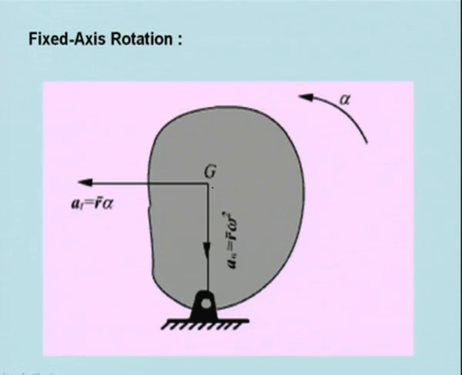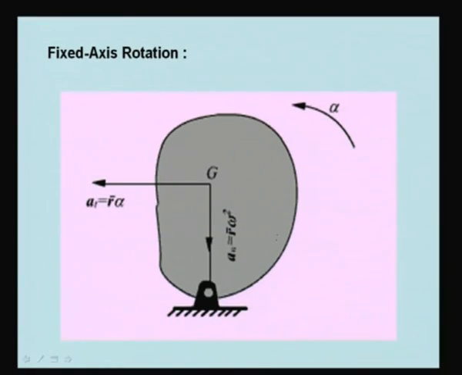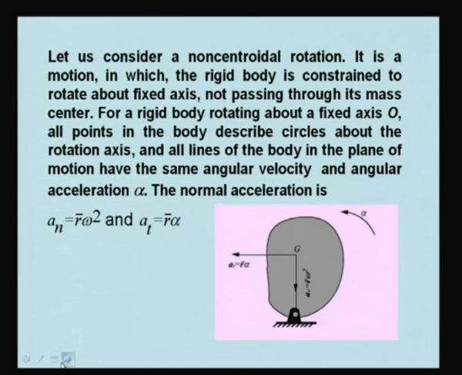It is rotating about this point, so the angular acceleration is alpha, and the tangential acceleration is at equal to r bar times alpha, where r bar is the distance of O to G. Similarly, the normal acceleration will be directed towards the center, an equal to r bar omega square, where omega is the angular velocity of rotation and alpha is the angular acceleration. Now in this body, let us see what the equations are.